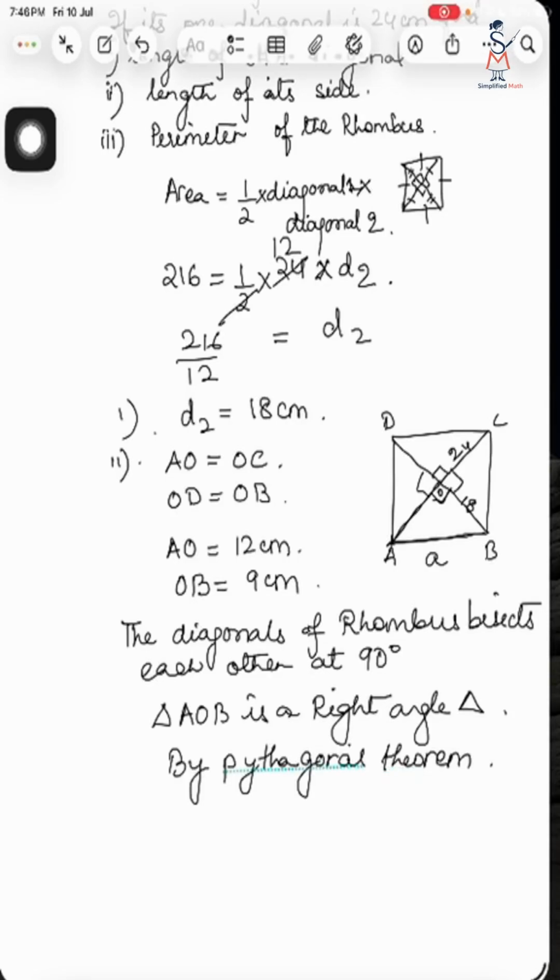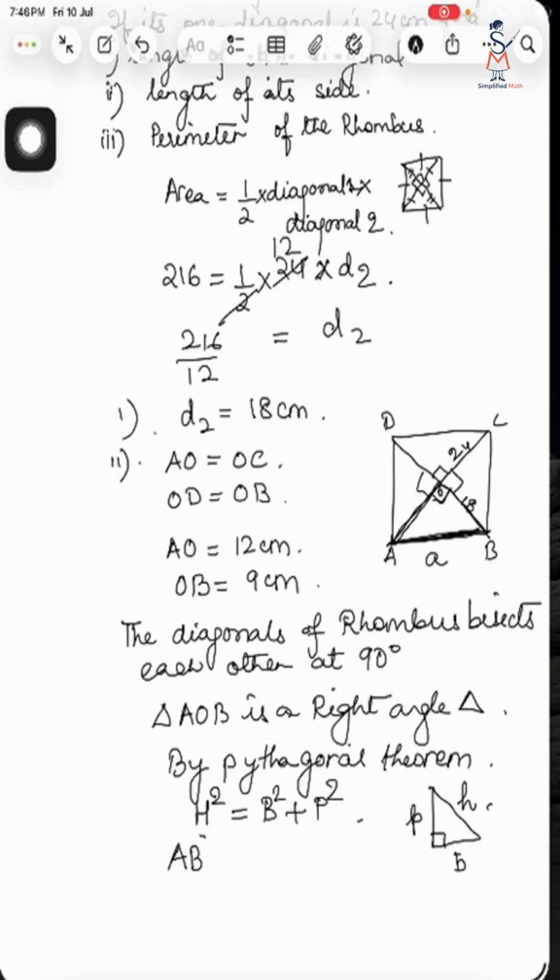Pythagoras theorem is hypotenuse square is equal to base square plus perpendicular square. So in this triangle AOB, if suppose this is 90 degree, this becomes base, this becomes perpendicular, and this becomes hypotenuse. So AB is the hypotenuse.